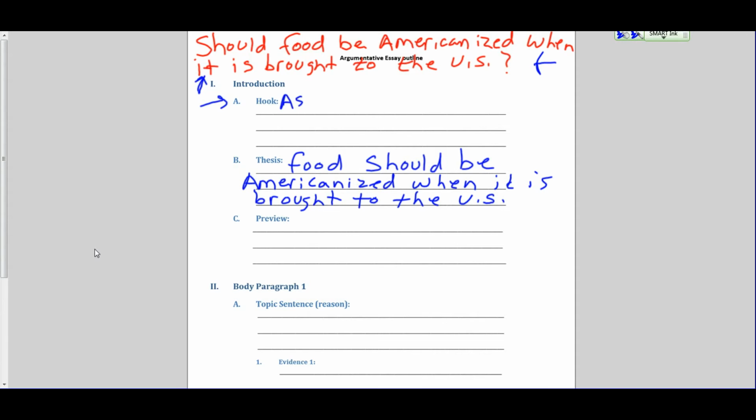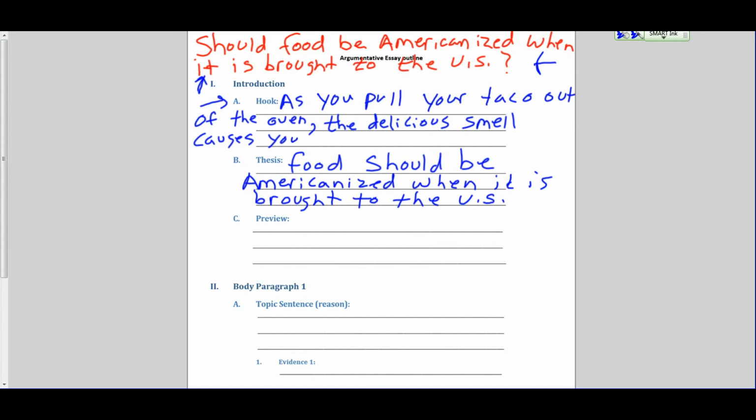As you pull your taco out of the oven, the delicious smell causes you to think about all the great changes that have happened to the taco. Kind of running out of room here.